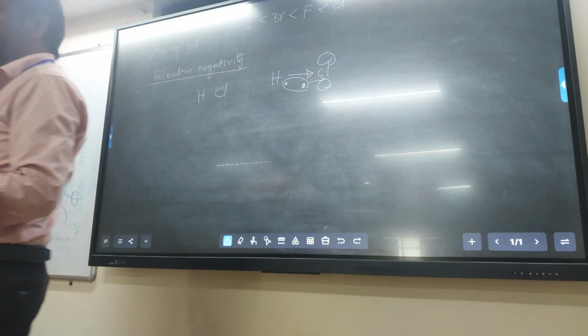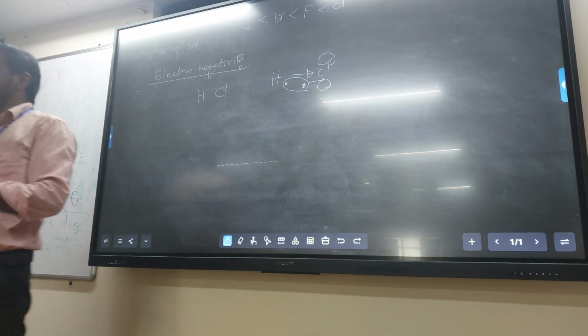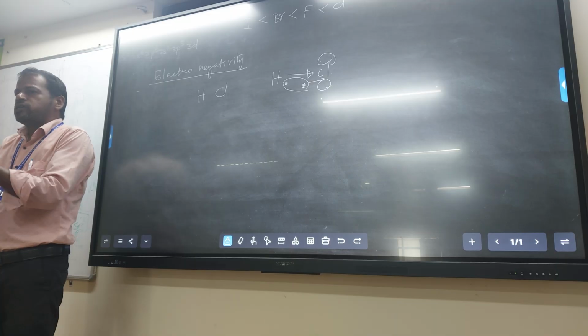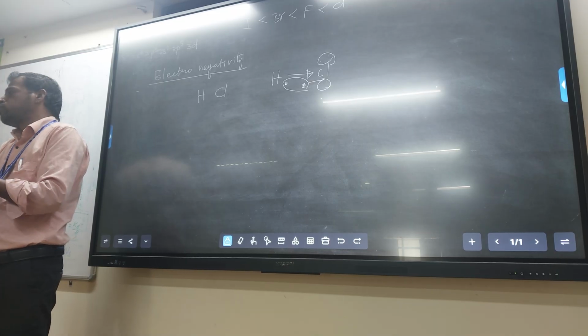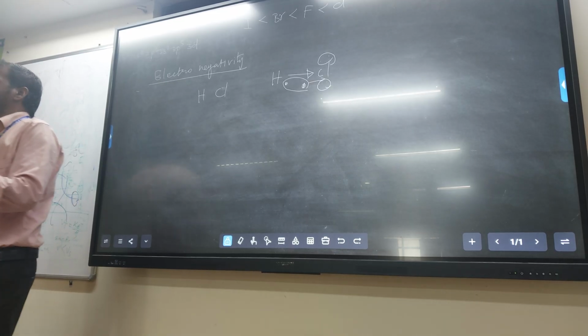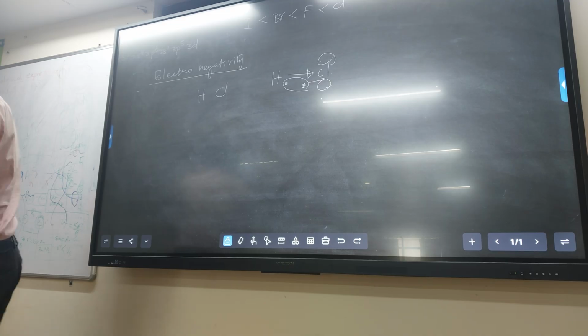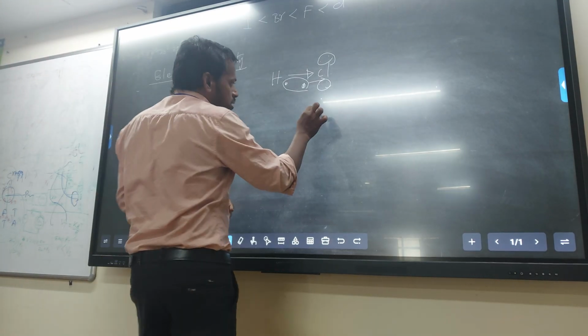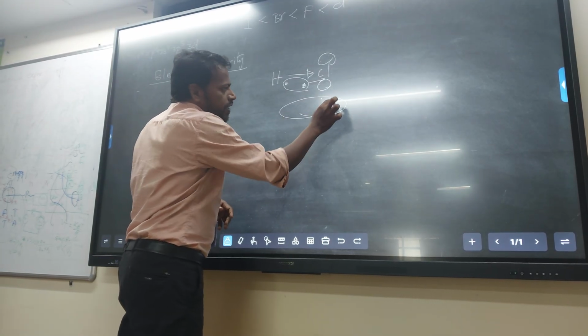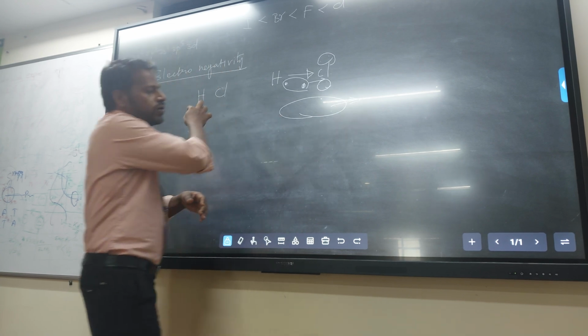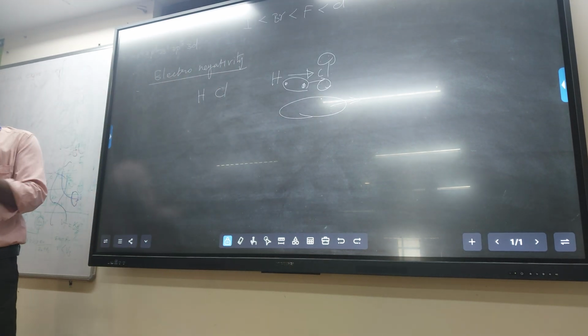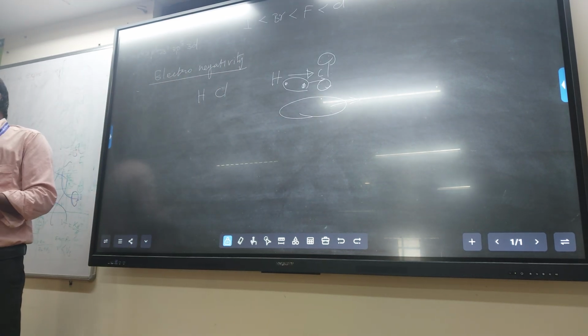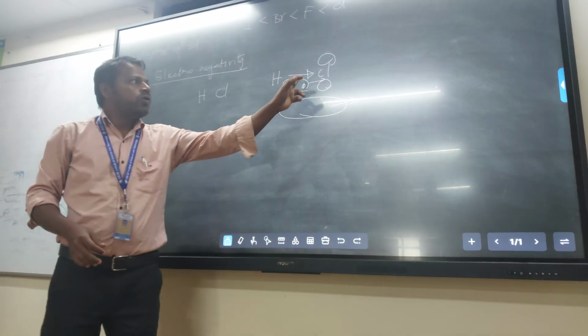When the electron oscillates from one atom to another, that is polarization. That polarization towards one atom side means electronegativity: separation of charge. So here there is more electron density.